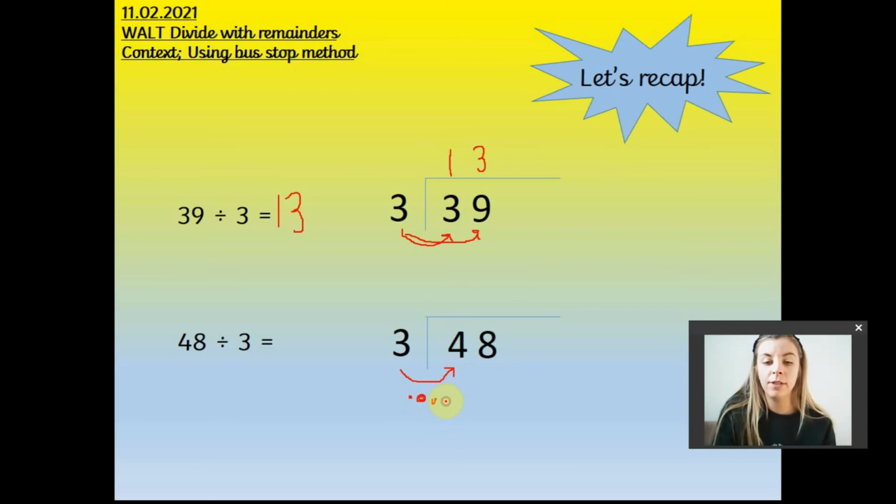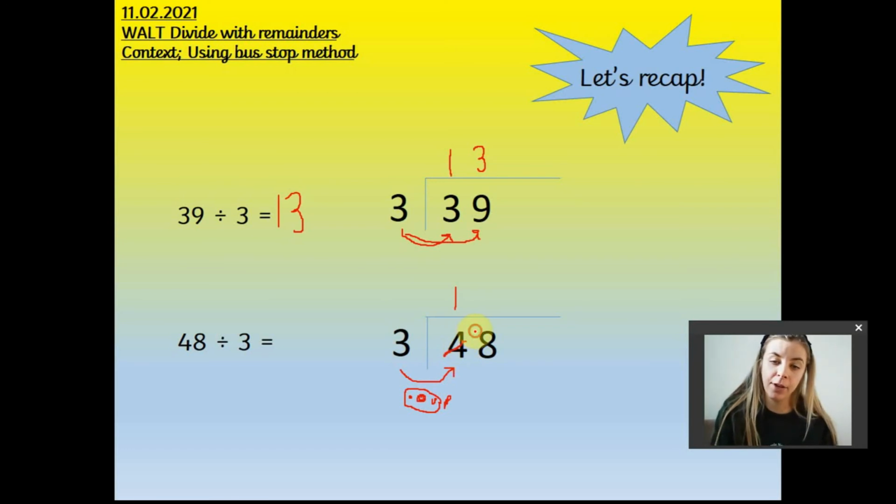Now, obviously, I want to see how many 3's go into 4. Sorry, sometimes it doesn't let me. There we are. I want to know how many 3's go into 4. So I count up 1, 2, 3. I'm going to circle that 3. So I can fit one lot of 3 into 4. But I have a remainder of 1, or 10 really. Okay, so I'm going to cross that out.